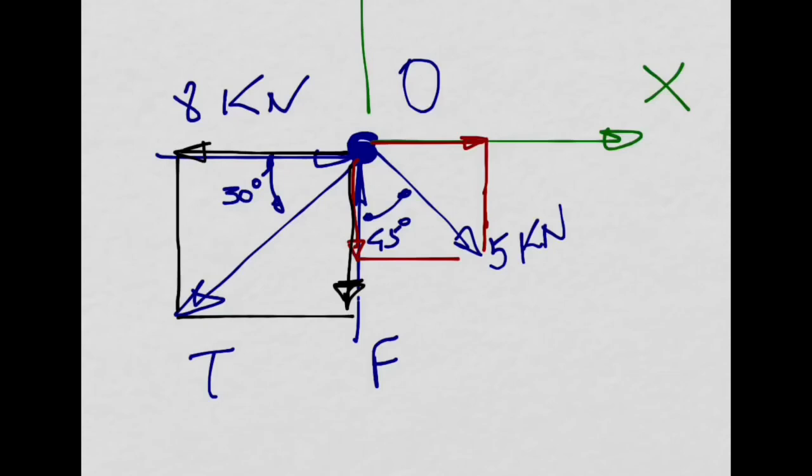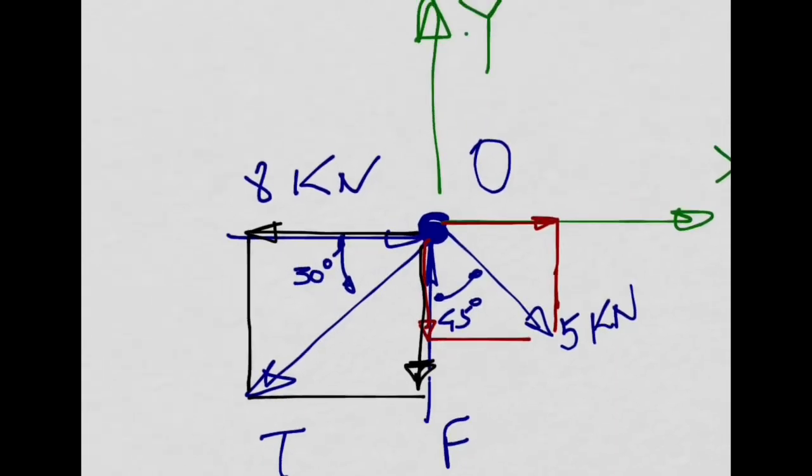Okay? You all agree with me? So this component here is going to be, you tell me, what is the norm of this horizontal component? T cos 30. T cos 30. Very good. So T cos 30 degrees is this component.